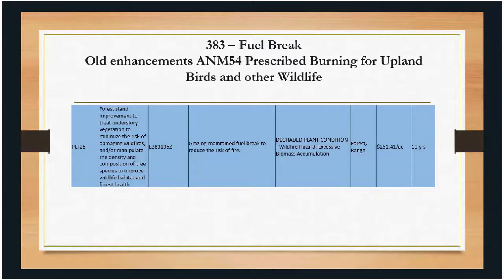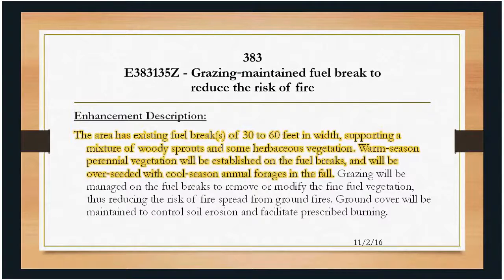It pays $251 an acre. And interestingly, it has a 10-year lifespan, even though it's grazing to maintain it annually. I can't explain why that is, but that's what it is.